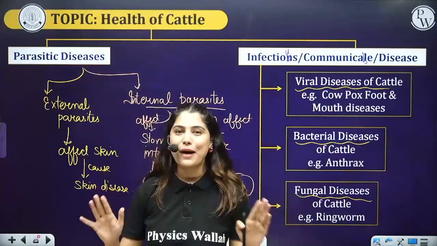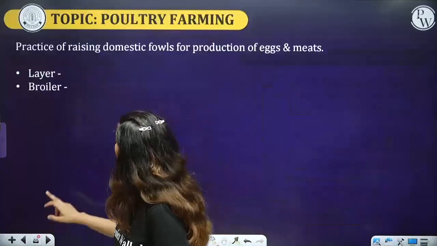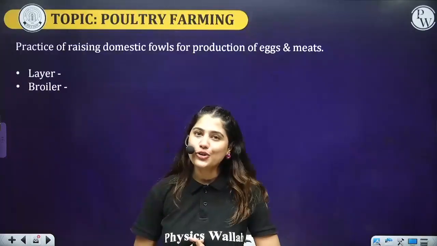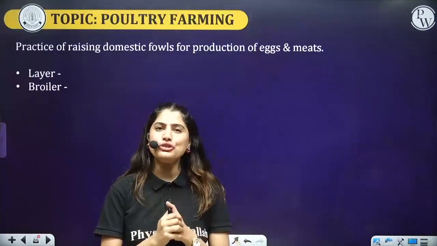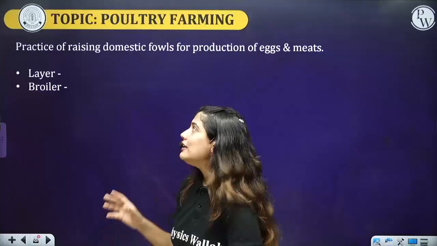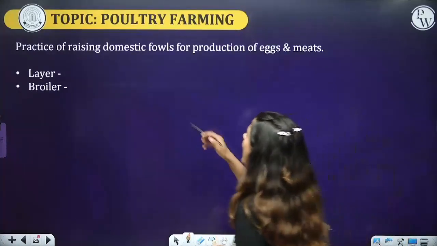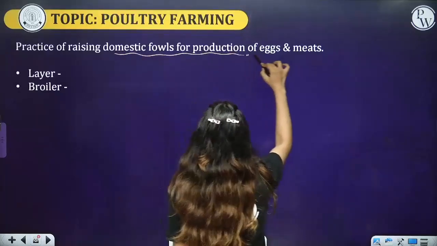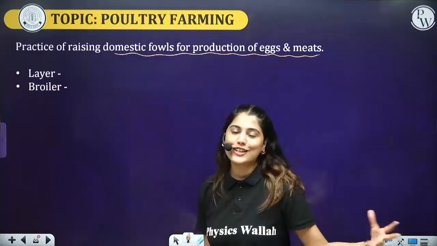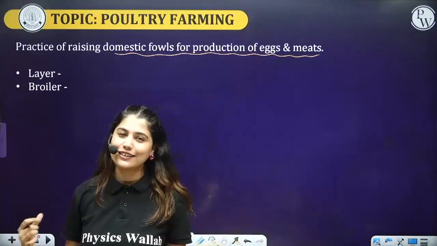That was about the cattle farming. Let us move towards the poultry farming. Now, once we move towards the poultry farming, the very first thing is that we are growing our domestic fowls for the purpose of egg and meat. We get the chicken meat and also we get the eggs.